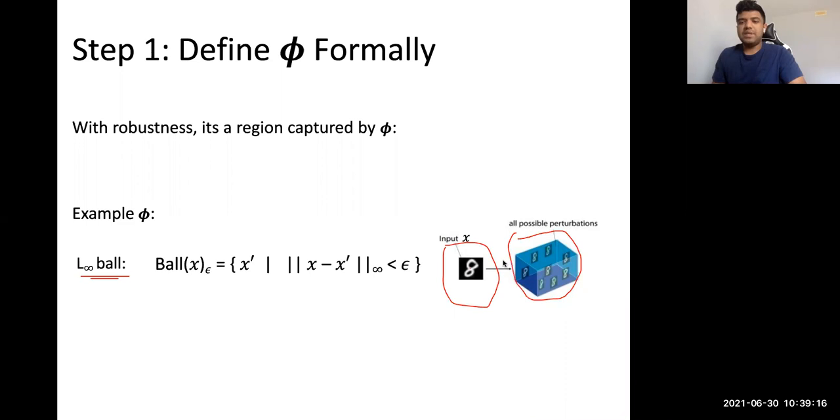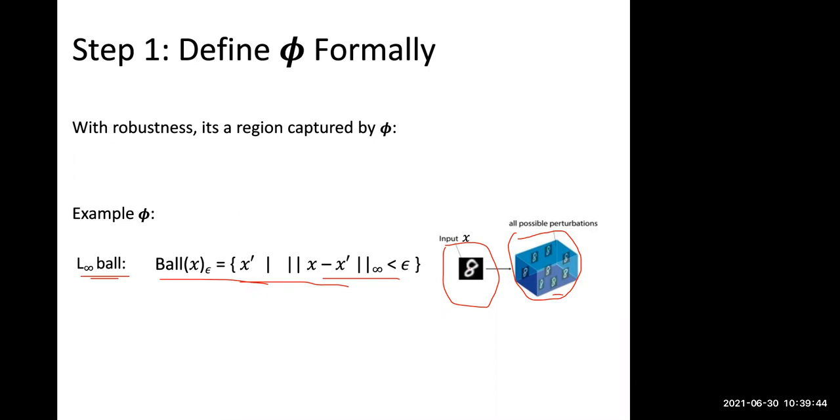This L infinity ball is represented here as a hypercube, and within this range is how the L infinity ball is defined. Within this range, we want to find all possible perturbations. This region represents all possible adversarial examples around that point.